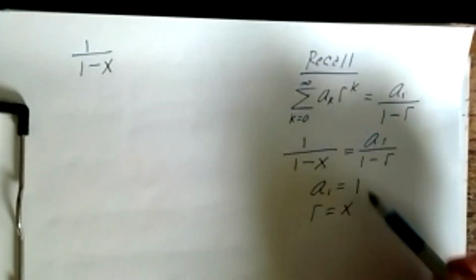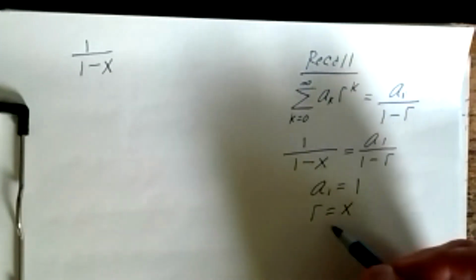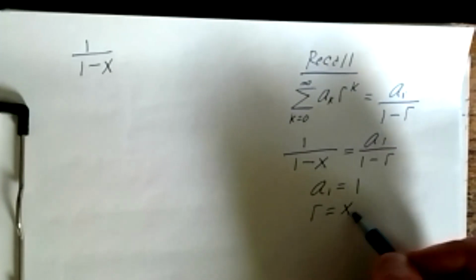So now we're in business, because we know that our first term in our geometric series has to be what? 1. And our common ratio has to be what? Has to be x.